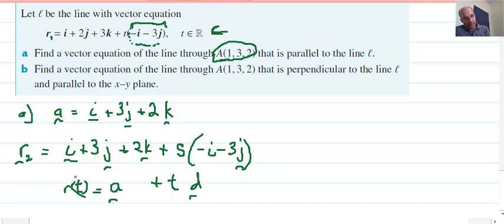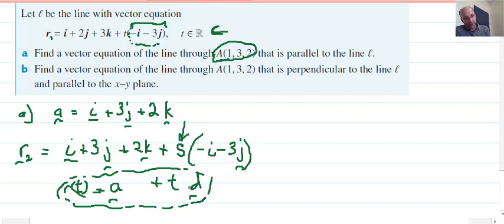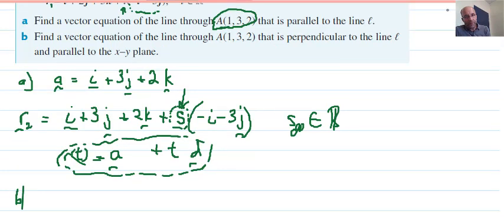It's still in that rough form, but we've got a different position vector, and we've got a parallel situation, which means it's a scalar multiple of D. To distinguish it from the original one, which was given with parameter t, we have to put a different parameter on, but s is still an element of R. Sorry about the squiggles.